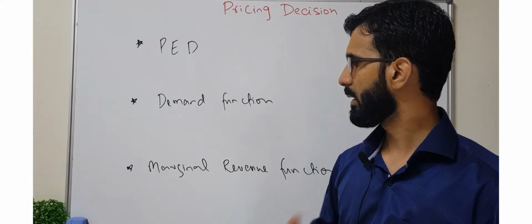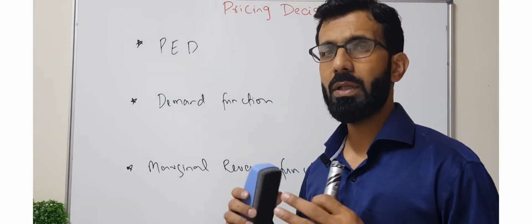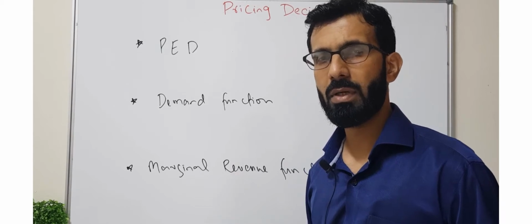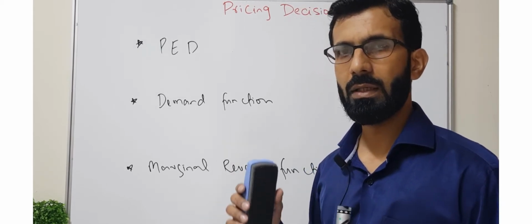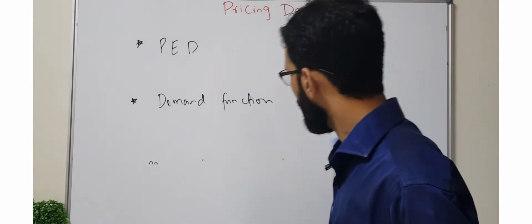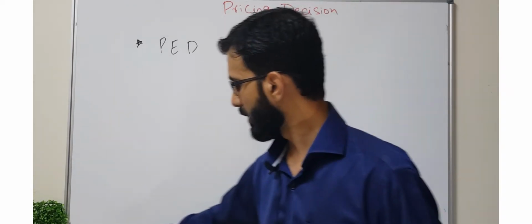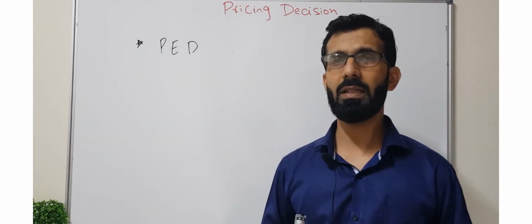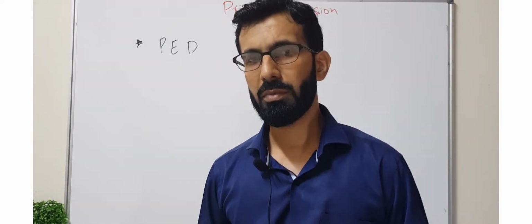So first of all, let's talk about price elasticity of demand, and what its role will be in determining the selling price and targeting a certain level of demand for our product.